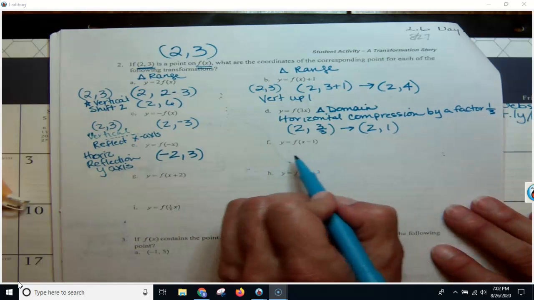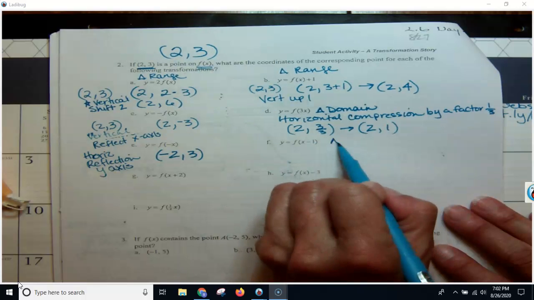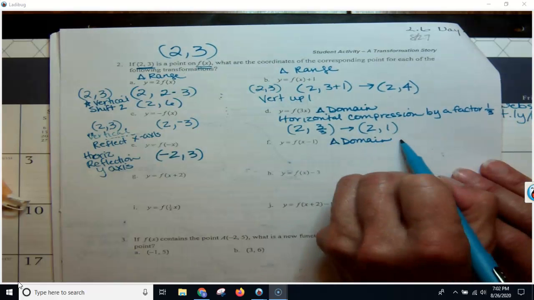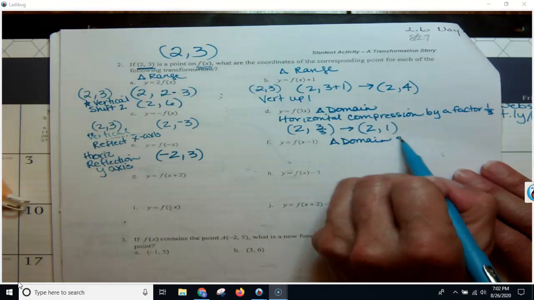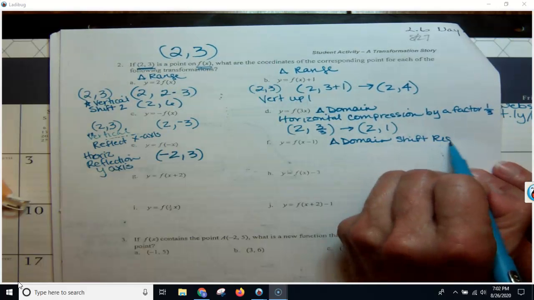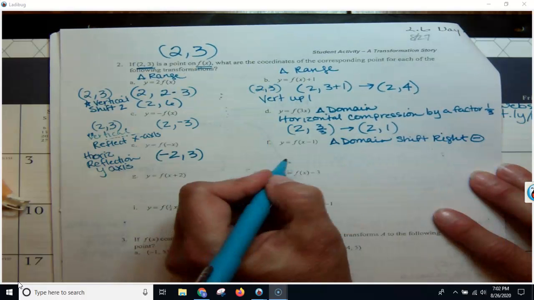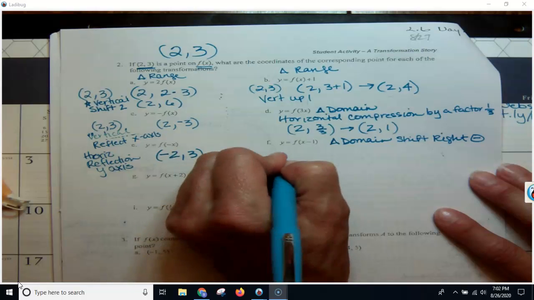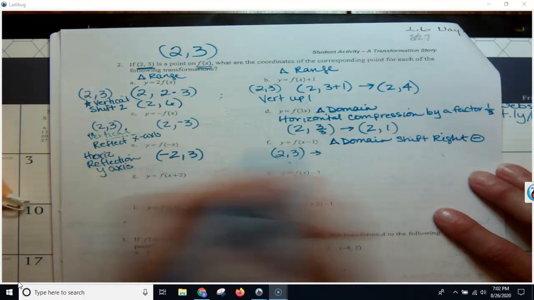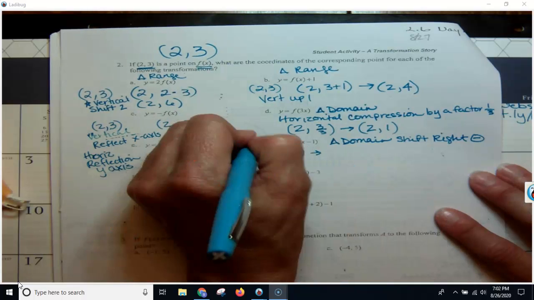And then here we've got a change in our domain. This is going to be a horizontal shift to the right. And I know it's right because it's negative here. And so what we're going to do is we're going to take our original point and we are going to add, I didn't do this very well.